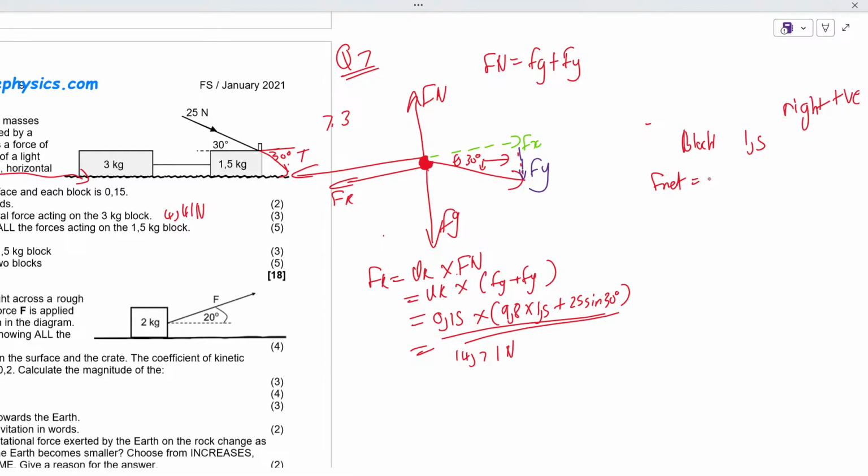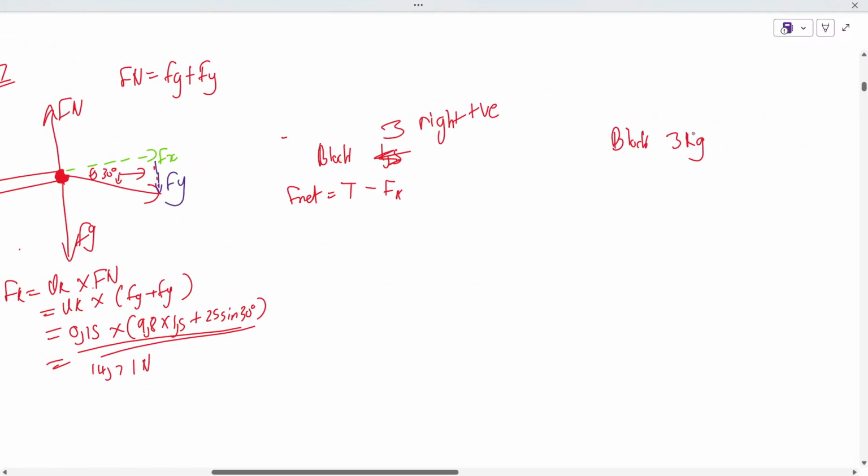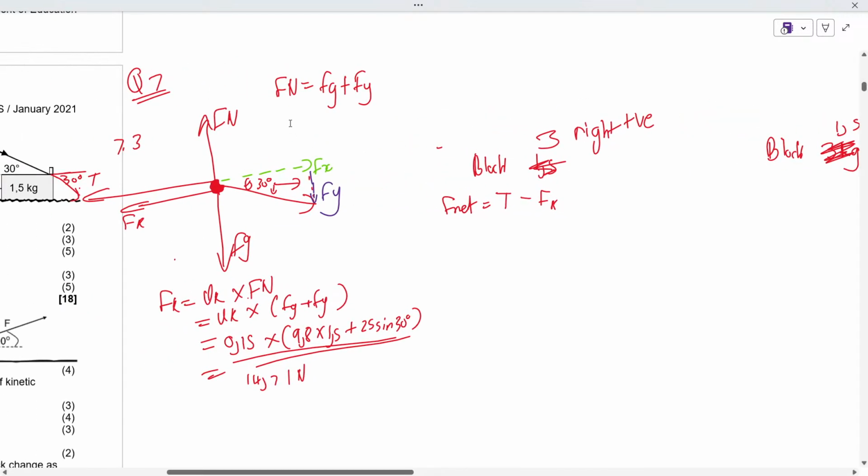We just need to know the forces acting: on the right is tension, pulling it to the right, and on the left is friction, pulling it backwards, Fk. Is there any force that I left out on the 3 kg? No, the 3 kg is over there.